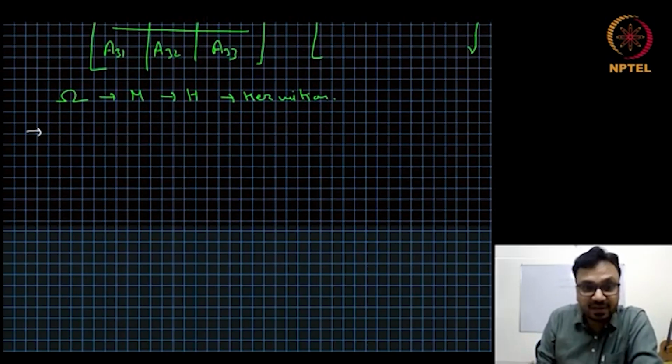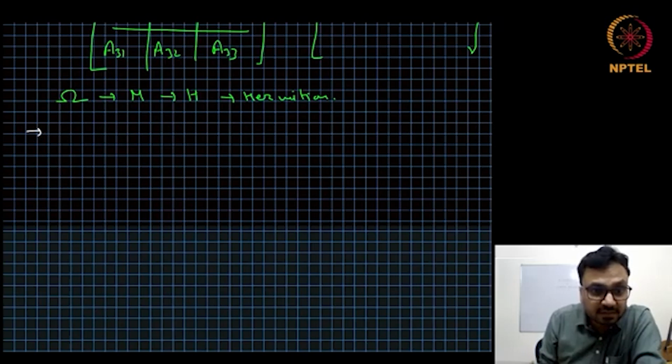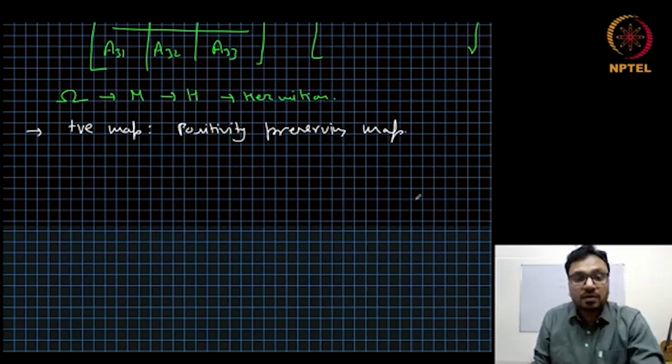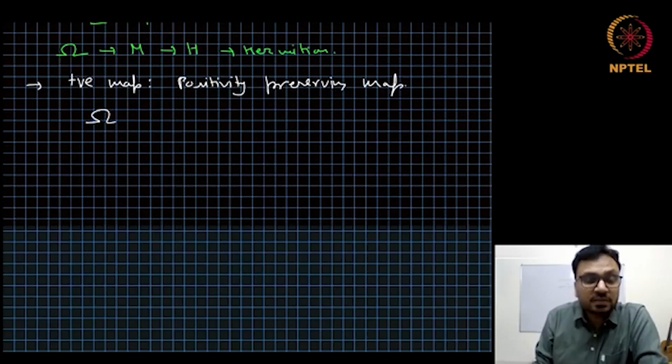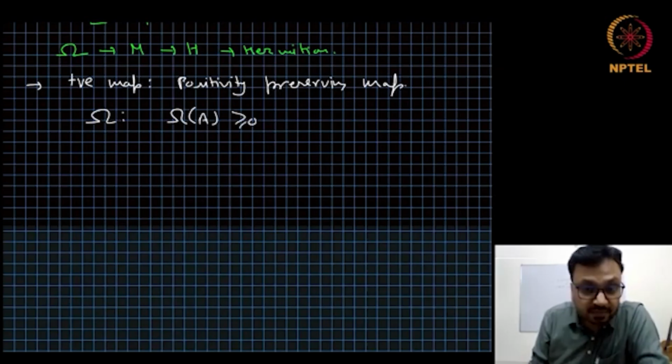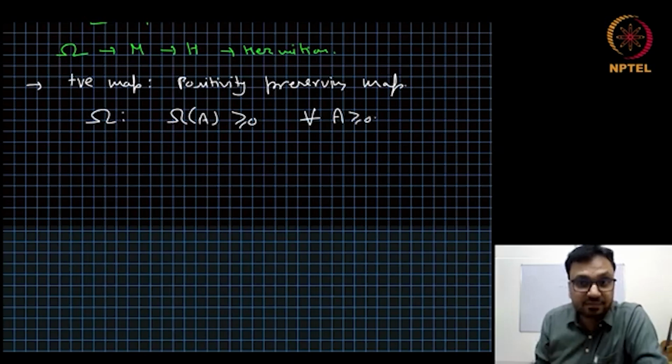Next interesting map we have is a positive map, or positivity preserving map. It's a map omega such that omega of A is a positive operator for every A positive.